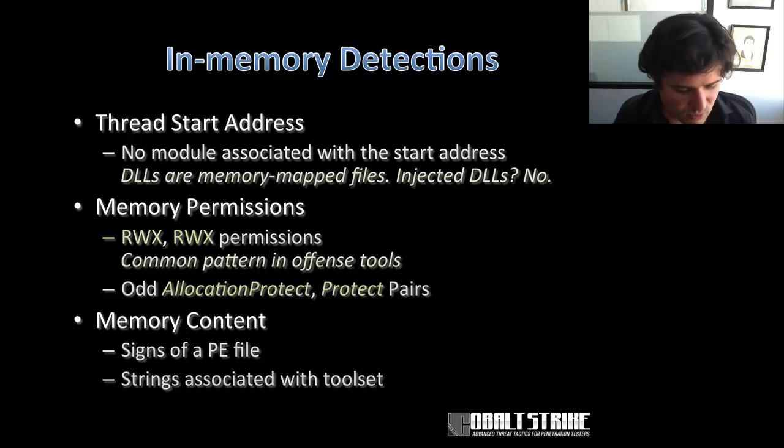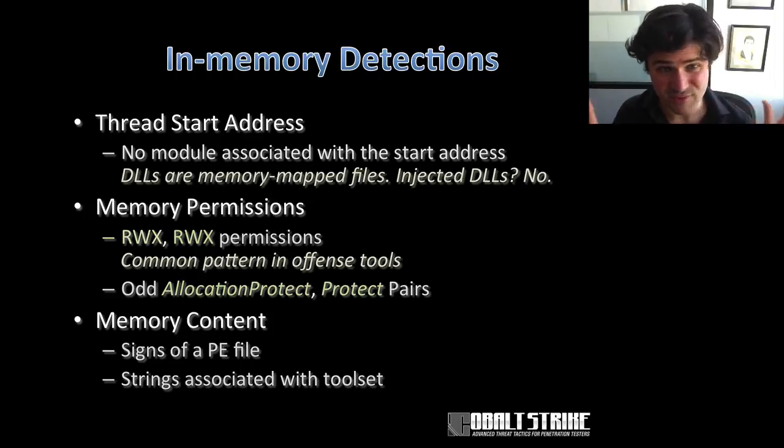So when you see code that's running that is not associated with one of those regions of memory, that's weird, okay? So one of the heuristics that's used, Jared Atkinson's Get-InjectedThread, which was used against me.